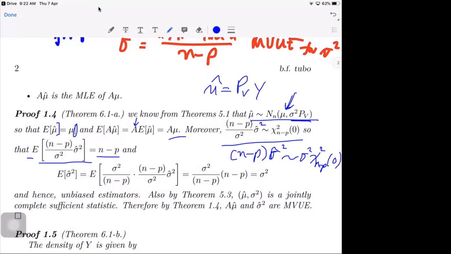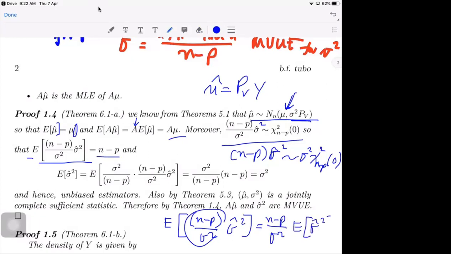Is this correct? So the expectation of (n minus p) over sigma squared, sigma hat squared, this is a constant with respect to expectation. So this is just equal to (n minus p) over sigma squared, and then the expectation of sigma hat squared. But this is the one with the n minus p denominator, no? So this is just equal to sigma squared. So cancel. So you have n minus p here.